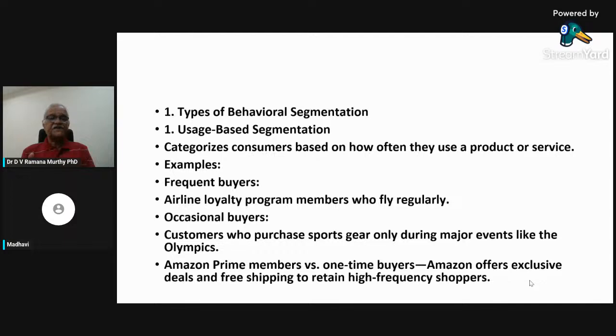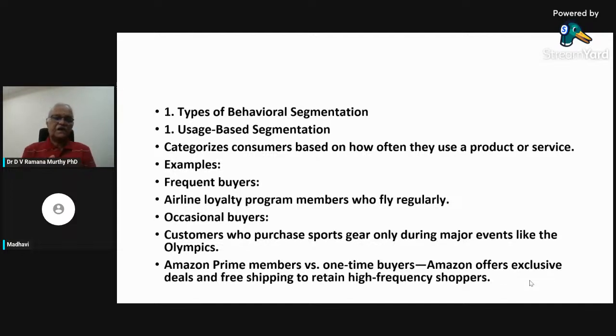In case of occasional buyers, they purchase different types of products only during certain seasons or certain events. Like, for example, customers who purchase sports gear only during major events like the Olympics, etc. So, whether regular buyers or occasional buyers, regular or frequent buyers must be given some advantage, maybe price advantage or some cushion.